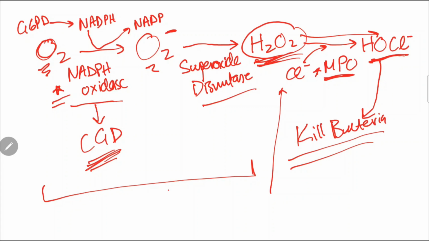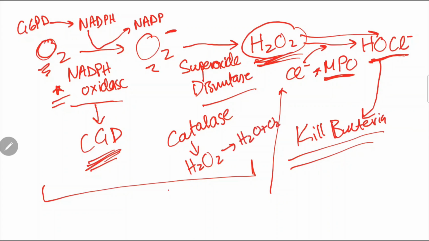But what if you are infected by a catalase positive organism? Now that's an issue. The reason being that catalase is an enzyme that basically degrades hydrogen peroxide into water and oxygen. So catalase positive organisms can infect these patients more, right? Why?